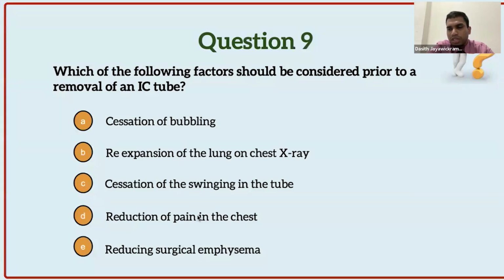Just because surgical emphysema is still there, there's no point in keeping the tube. If the lung is expanded and there's no pneumothorax, then you can remove the ICD tube. You don't need to wait for the surgical emphysema to reduce. So the last two are false. The first three are true. Anybody got the answers? No.